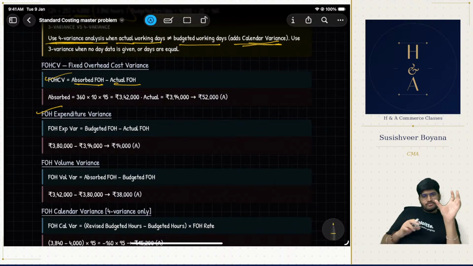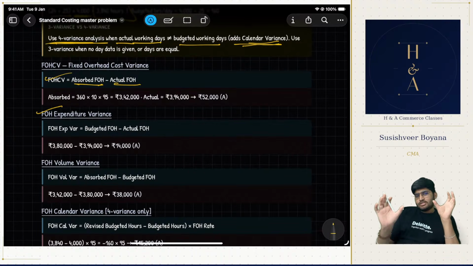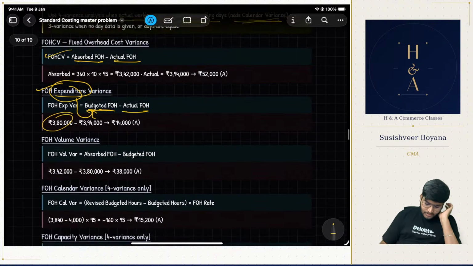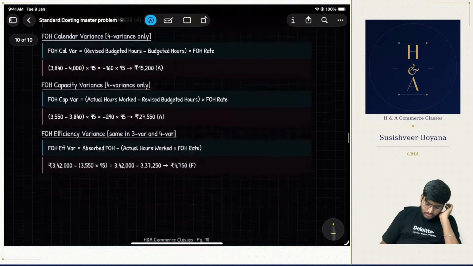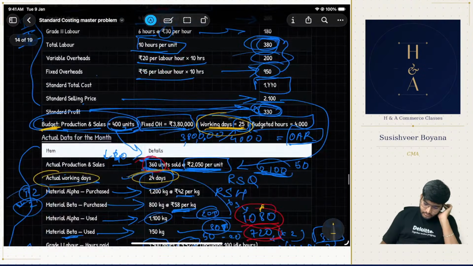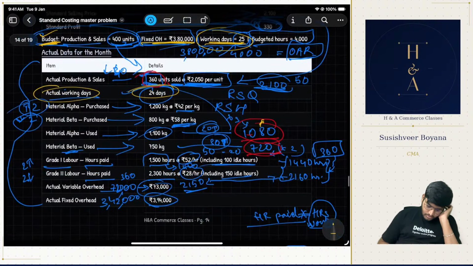So the budget which I had set in place was 50, but the actual was around 52. Similarly, whenever we're talking about the expenditure, budgeted fixed overhead less actual fixed overhead. We already have the totals. This is already 380 given, and actual fixed overhead is also given in the question. I remember it. See, fixed overheads total is given, actual fixed overheads is also given.